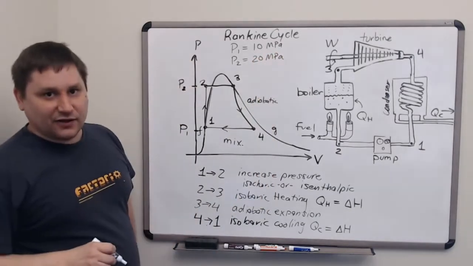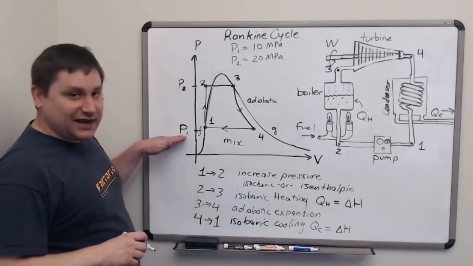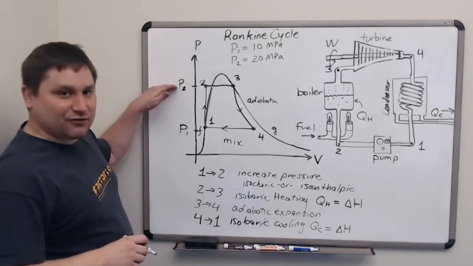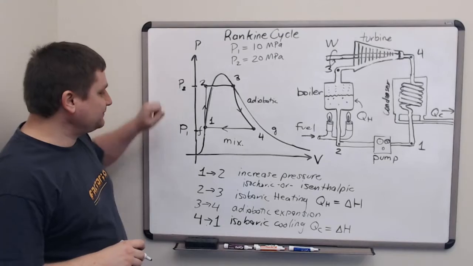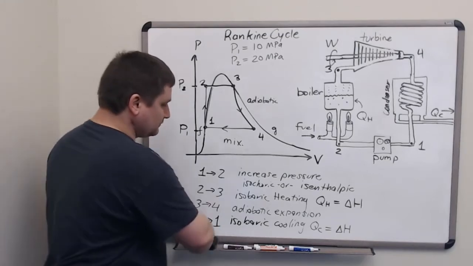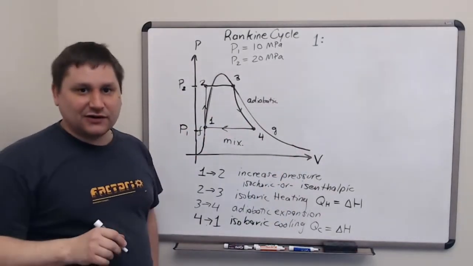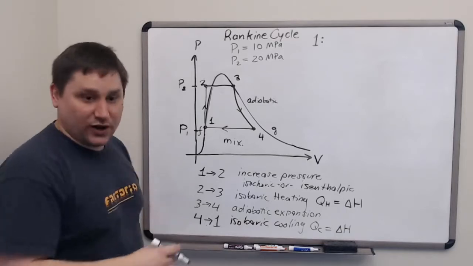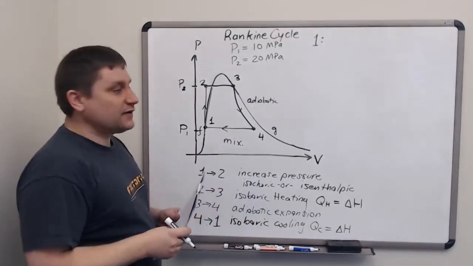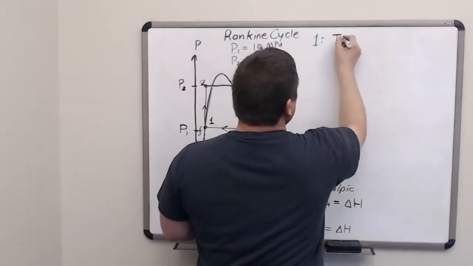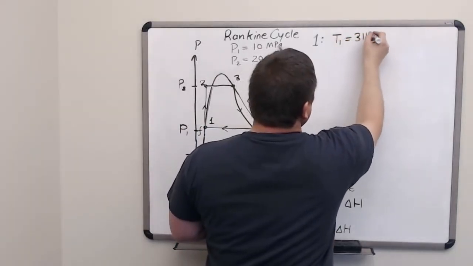Let's look at a Rankine cycle that operates between a low pressure of 10 megapascals and a high pressure of 20 megapascals. I'll now turn to the steam tables to find out everything I can about location 1. The temperature is 311 degrees Celsius.